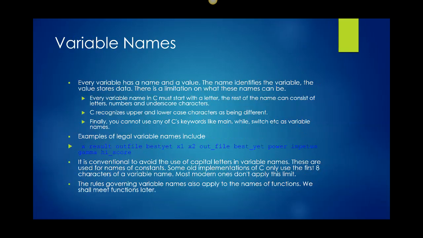All right. So let's just quickly take a look at a few examples. X is a good variable name. My underscore var, with an underscore, not a dash. Dash is not allowed.